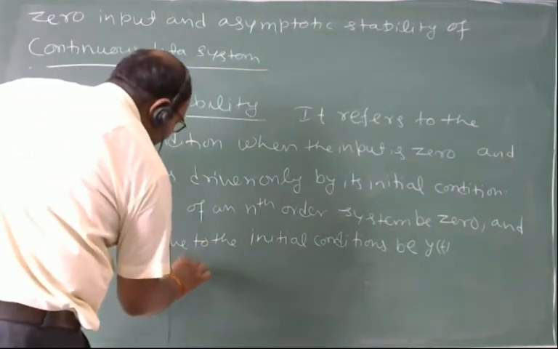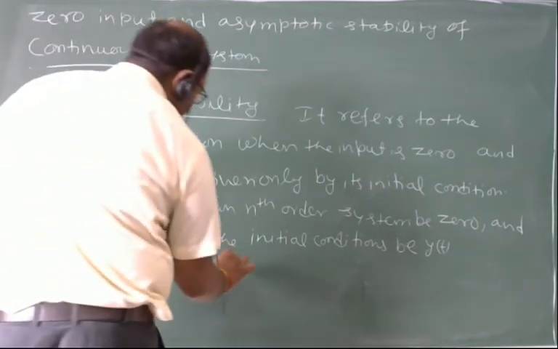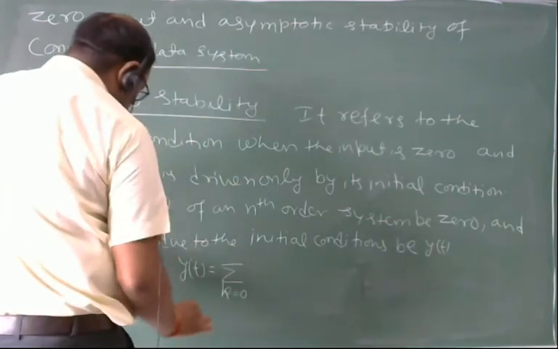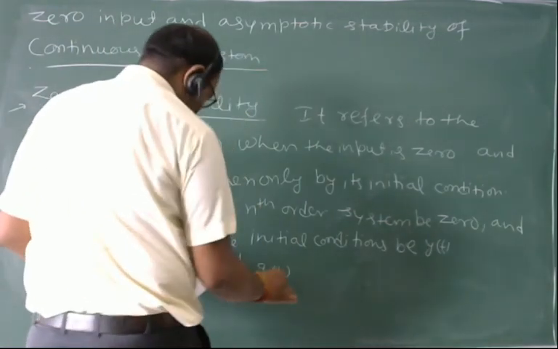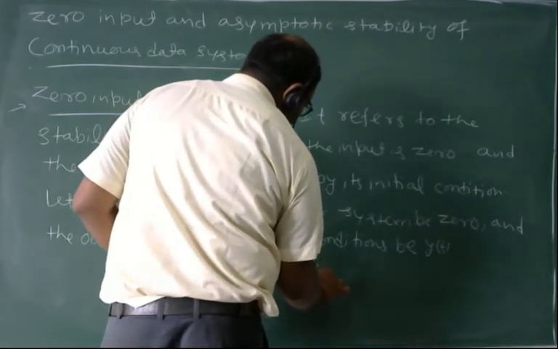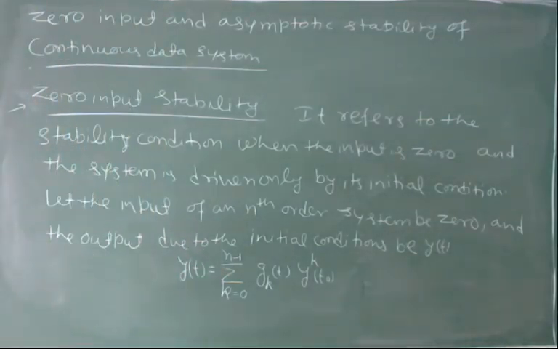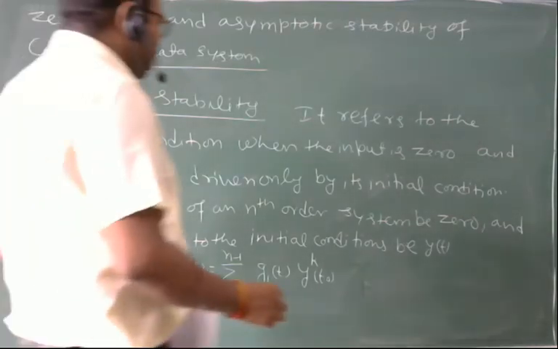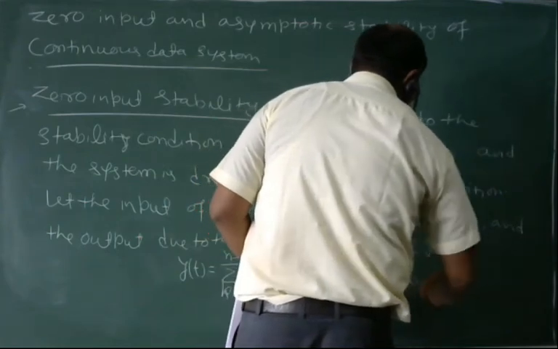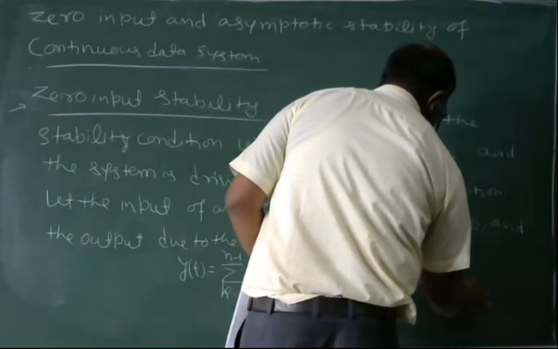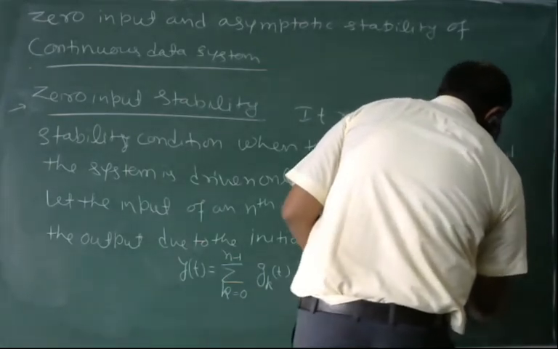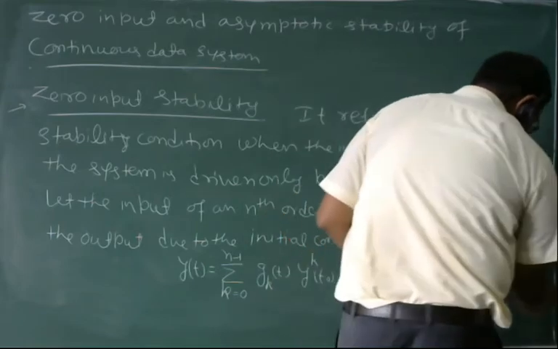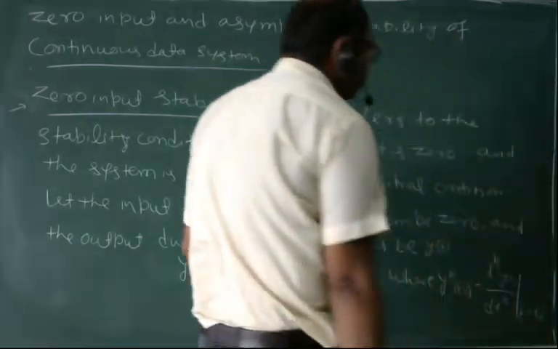Then y(t) equals the summation from k equals 0 to n minus 1 of g_k(t) multiplied by y^k(t0), where y^k(t0) is equal to the kth derivative d^k y(t) over dt^k at t equals t0.